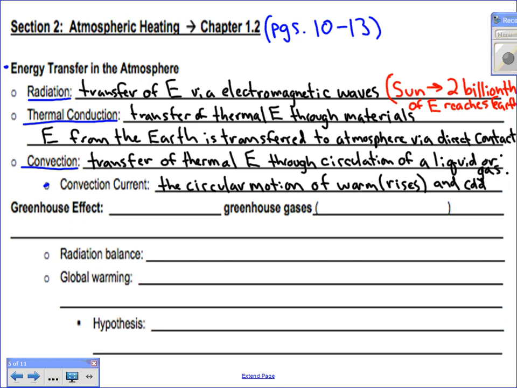And in this case, we're more focusing on the atmosphere, so you can think of the gases in the atmosphere doing this. Okay, this is going to power our weather.